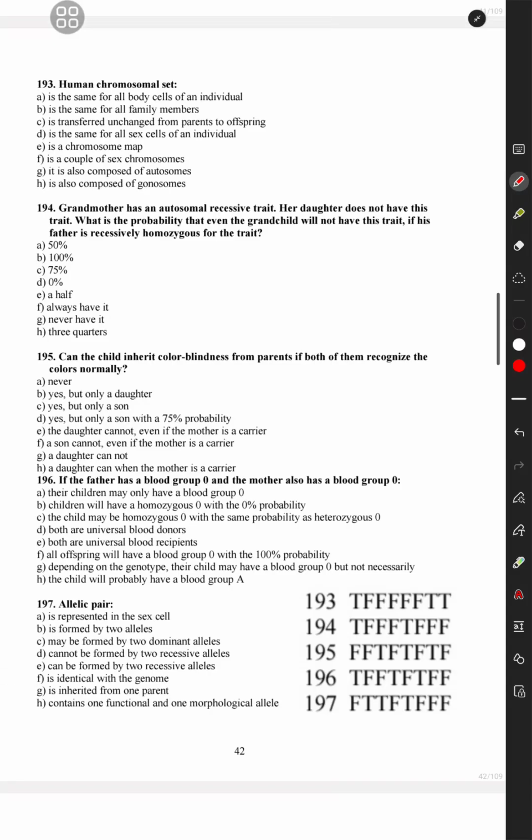Human chromosomal set is the same for all body cells of an individual. Same for all family members, transferred unchanged from parents to offspring. That is wrong. It's the same for all? No. The human chromosomal set is a chromosome map.